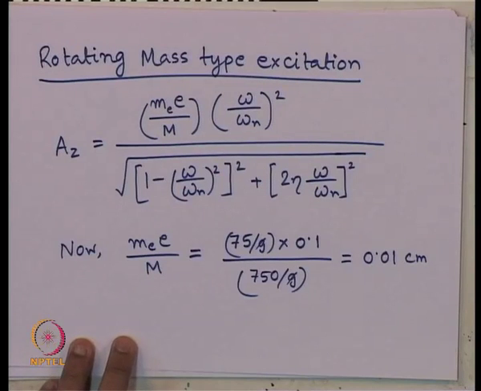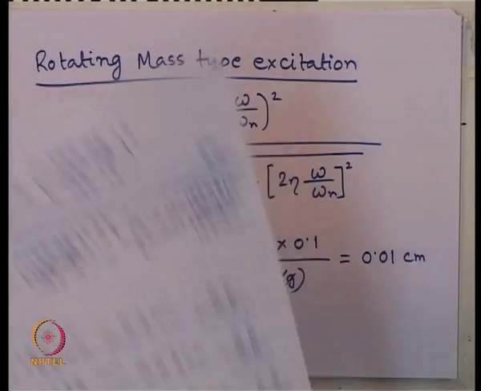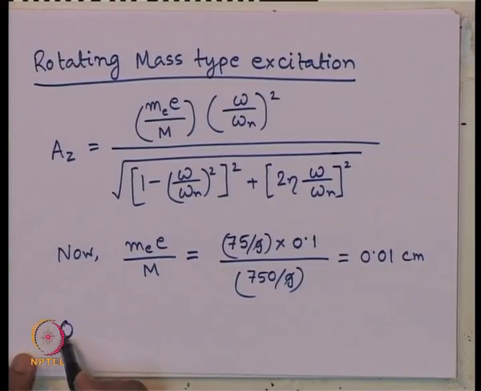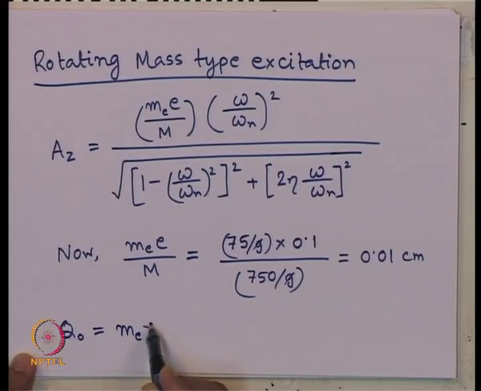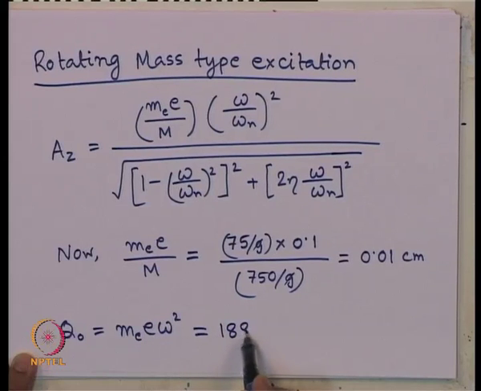Fine. So, Q naught in this case is MEE omega square, it will come as 188.64 kg force only by given the provided dimension.